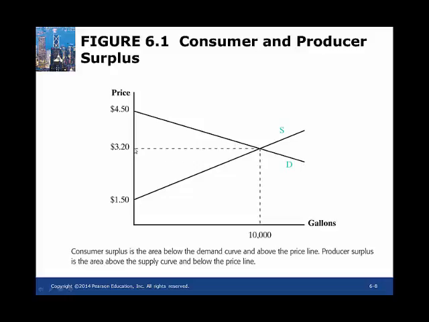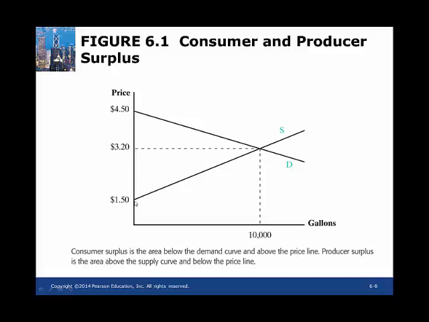And market price shows the actual amount paid by the buyer. The area of consumer surplus falls below the demand curve, above the market price. You can see consumers are happy because they pay less than their willingness to pay.